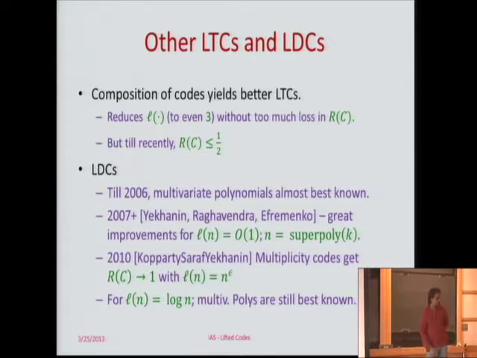Right, so, are there lower bounds? In locally testable codes, no lower bounds at all. You could ask the question, can you have locally testable codes of constant rate with locality of 3?